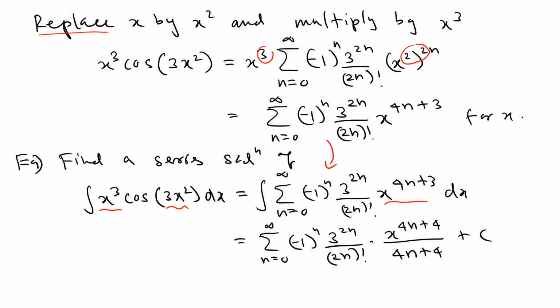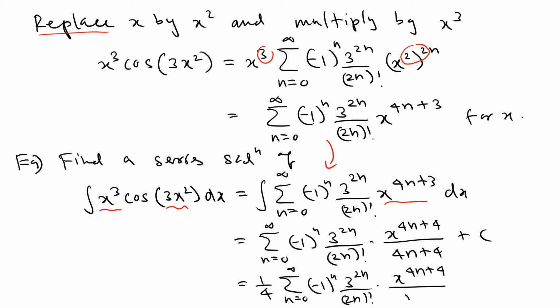And you can see also, if you want to simplify this, you can pull this 4 out of the sum. So you can write it like that, but that's not a big simplification: the sum for n going from 0 to infinity of negative 1 to the n, 3 to the 2n, over 2n factorial, x to the 4n plus 4, over n plus 1, plus c.